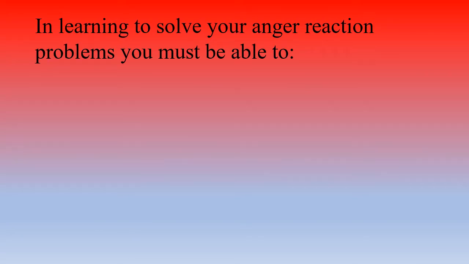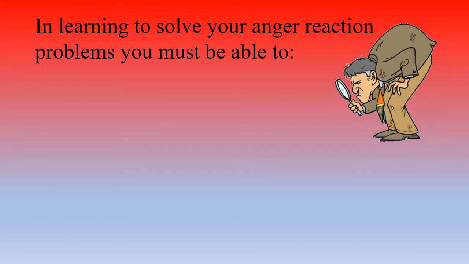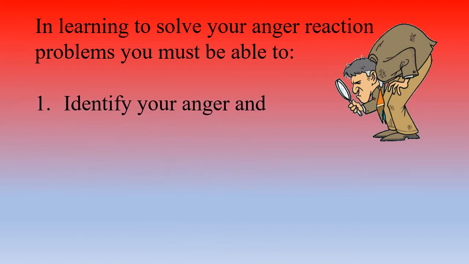So we're going to identify 5 levels of anger emotion. And in learning to solve your anger reaction problems, there's a couple things you need to be able to do. Now remember, again, we're talking about two sides of anger, an anger emotion and an anger reaction. And to identify and solve your anger reaction problems, you need to first of all be able to identify your anger.